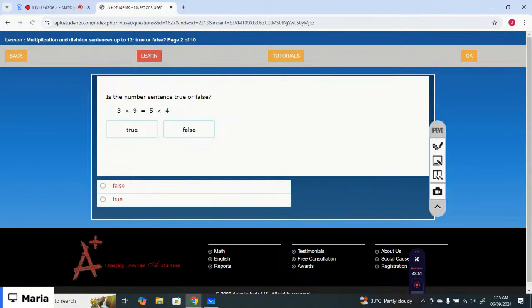Is the number sentence true or false? 3 times 9 equals 5 times 4. So which is the correct option?